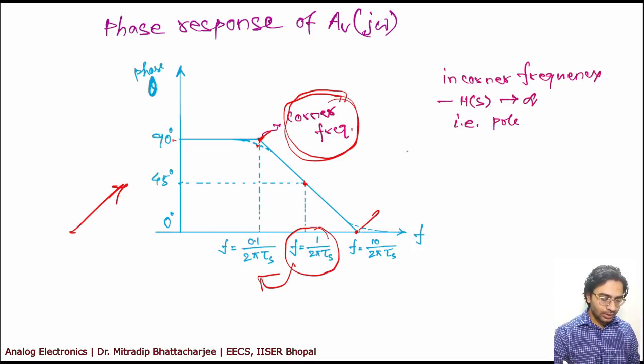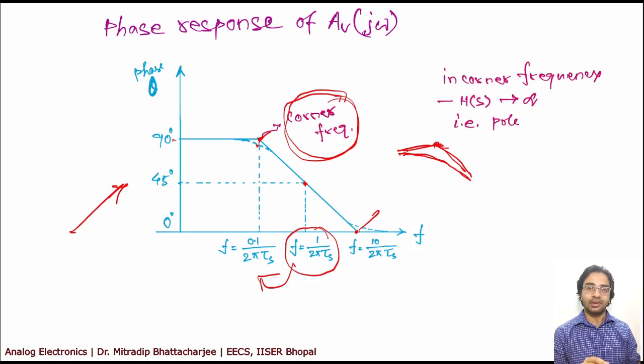Okay, so here also you'll see that we consider two straight lines, but in the real curve it is actually not straight lines that are touching. So I already have said that this particular theory is given by Bode. So this phase response and the amplitude response, whatever I have shown previously, both are known as Bode plot.